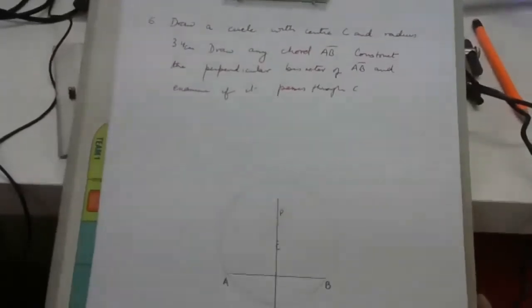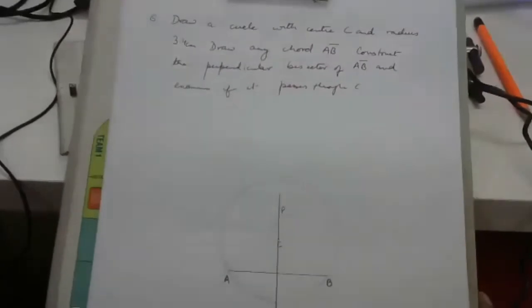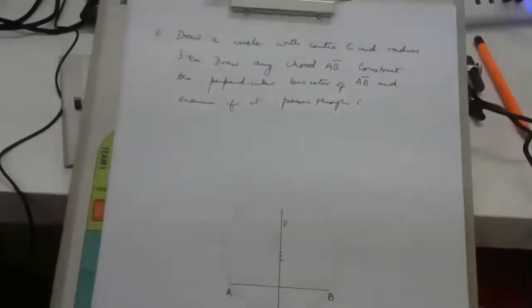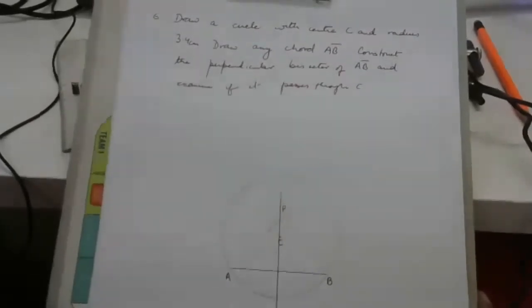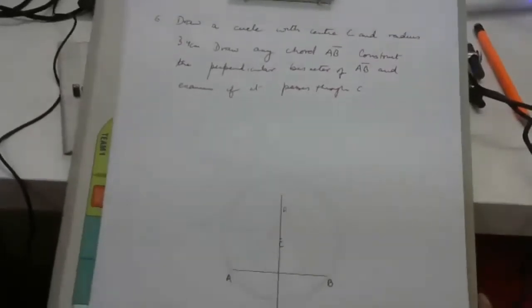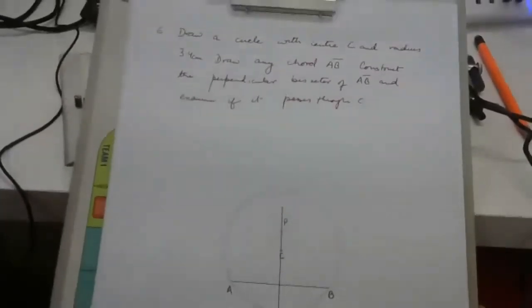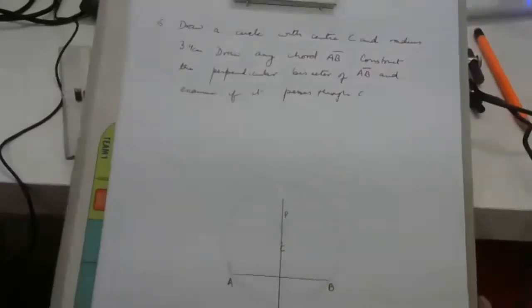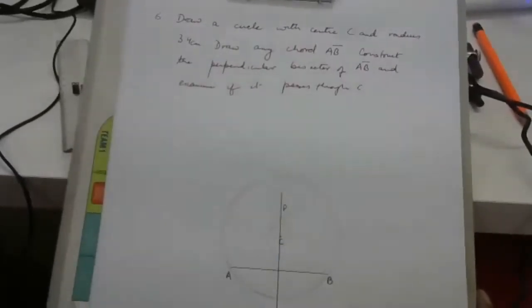Construct the perpendicular bisector of AB and examine if it passes through C. Is that okay? Yes, ma'am.